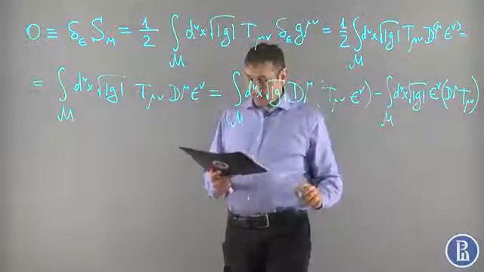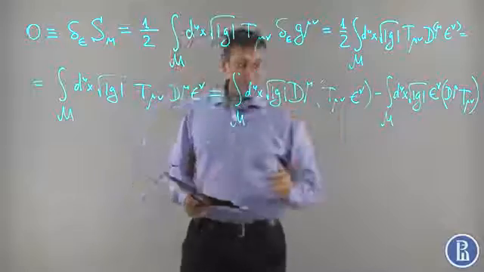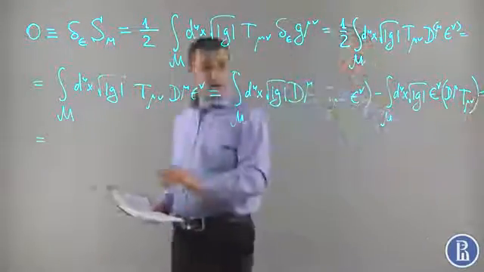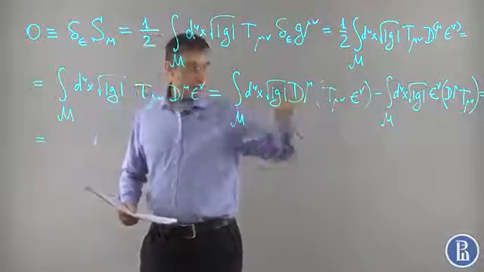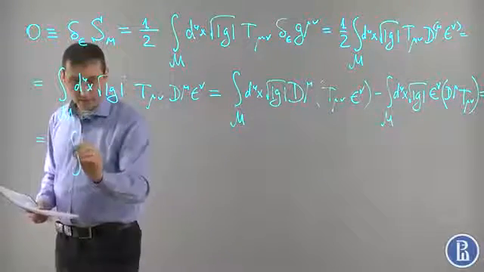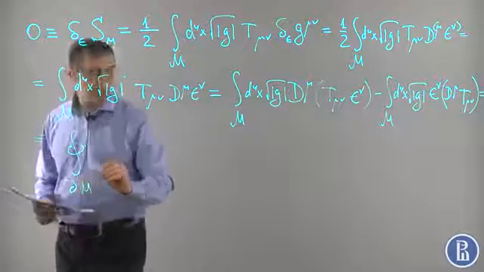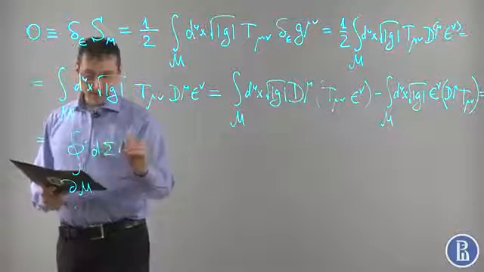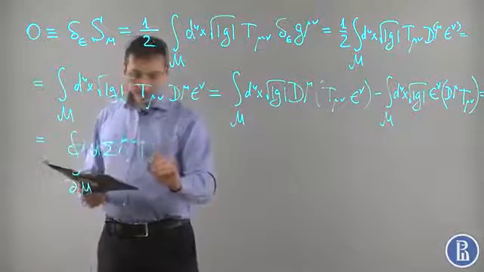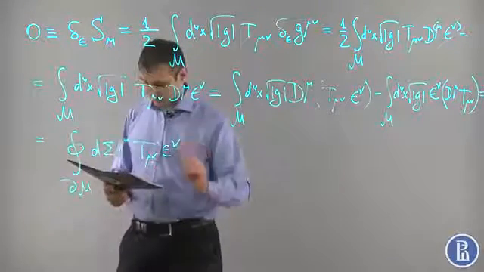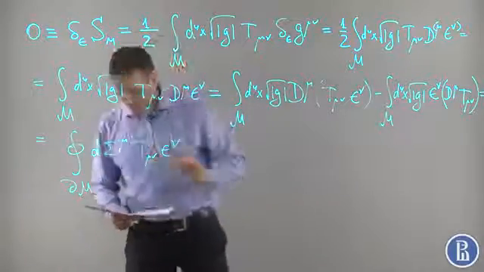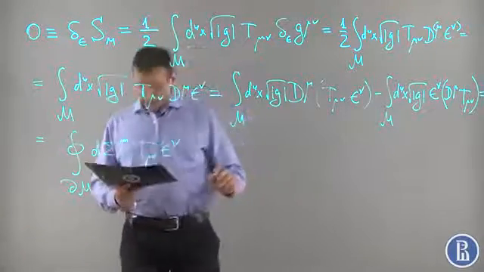The first term, being a total derivative, can be reduced to the integral over the boundary of the space-time manifold, d sigma mu t mu nu epsilon nu. This is the same kind of situation as we have encountered before in this lecture.